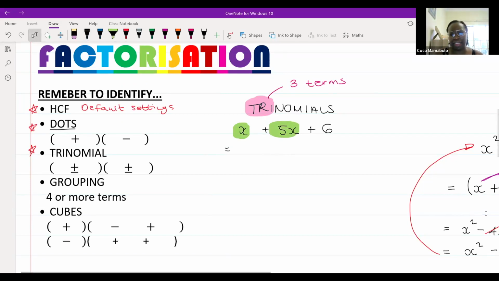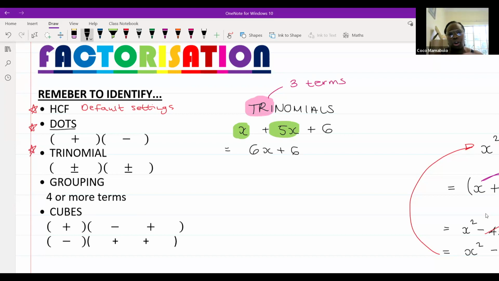What is x plus 5x? X plus 5x would give me 6x. Good. It would give me 6x plus 6. That's actually what I will get. So is this actually a trinomial? Not really. It's not a trinomial because I can still add the other 2 terms and make it a binomial. Correct, Amanda? That's it.